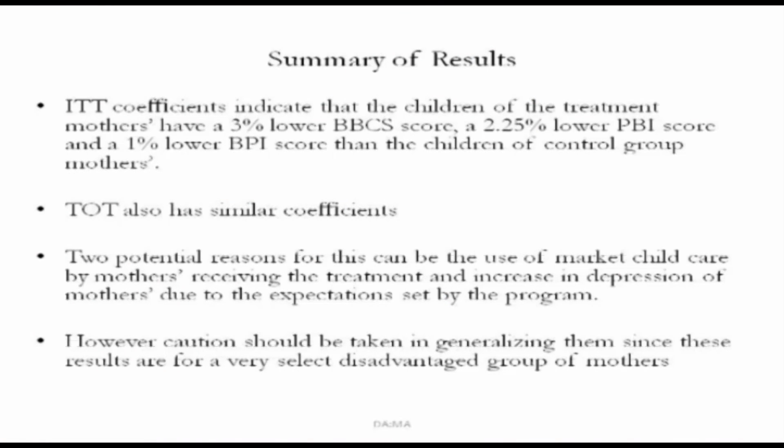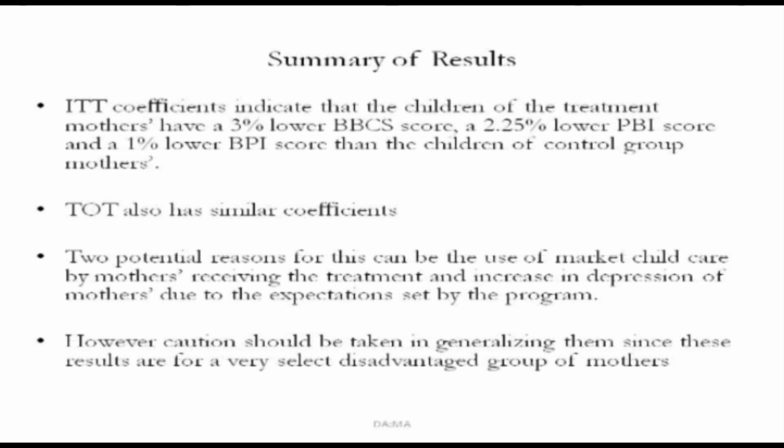So, just to summarize the results that this paper got, the ITT coefficients indicate that children of the treatment mothers have a 3% lower BBCS score, a 2% lower PBI score, which is the behavioral score, and a 1% lower BPI score than the children in the control group.